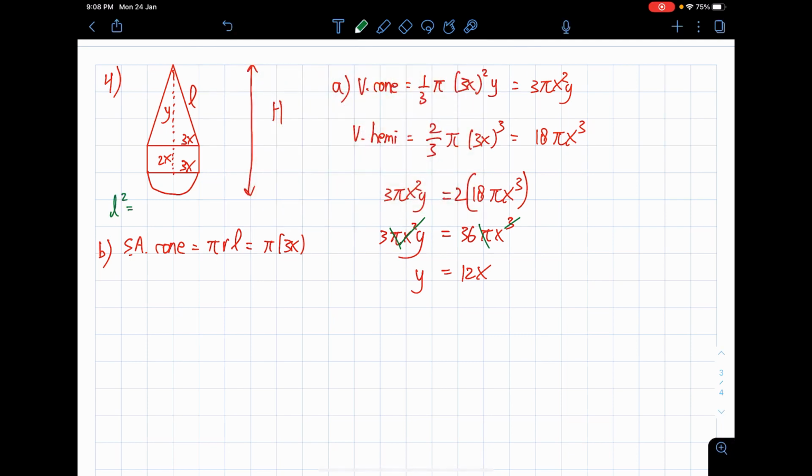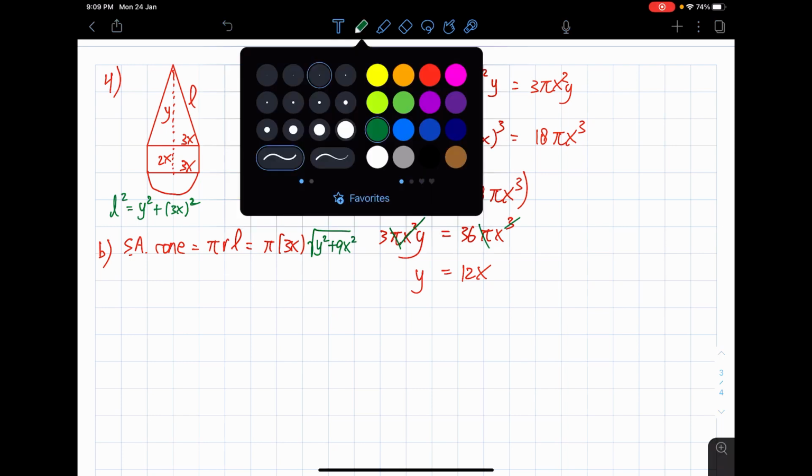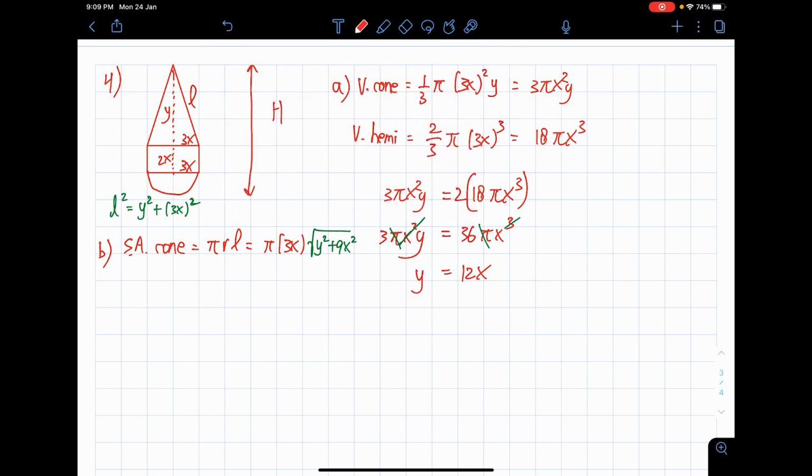L square equals y square plus 3x bracket square. And I want L only, so it's just the square root of y square plus 9x square. That will be quite terrible, but for now we can just leave it like that for the moment.